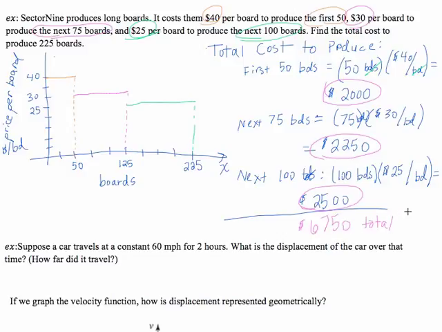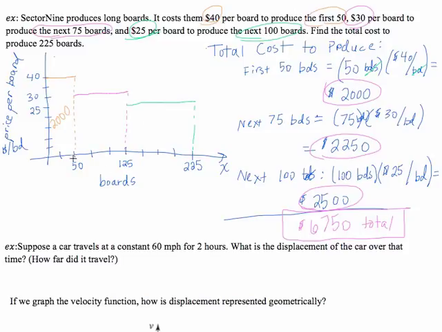Okay, now the important thing that we want to take away is this idea that the total cost really corresponds to the area under the graph of the price per board, which is marginal cost. Price per board is the same as a marginal cost function. So the 50 times 40, this is $2,000. That also corresponds to the area of this little rectangle here.